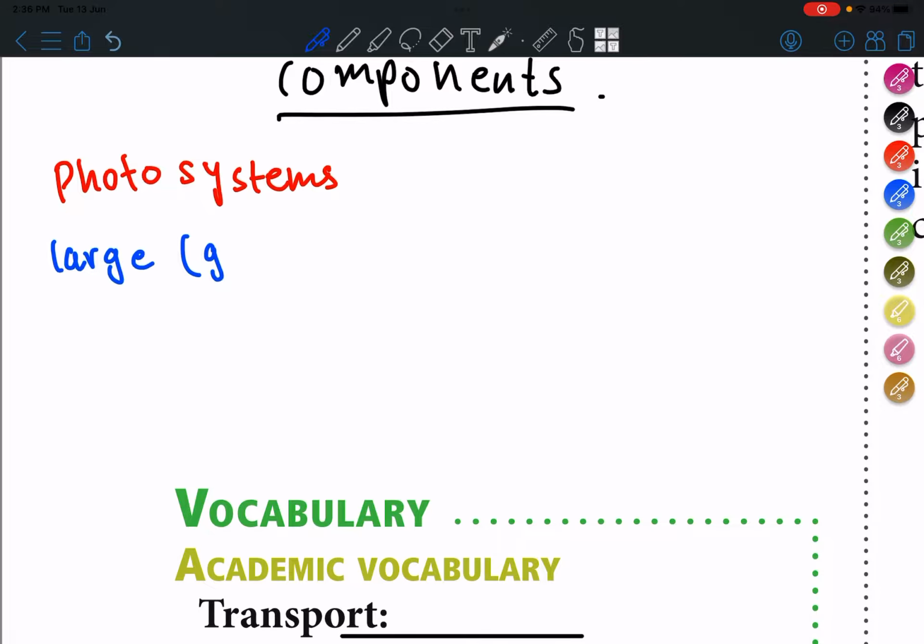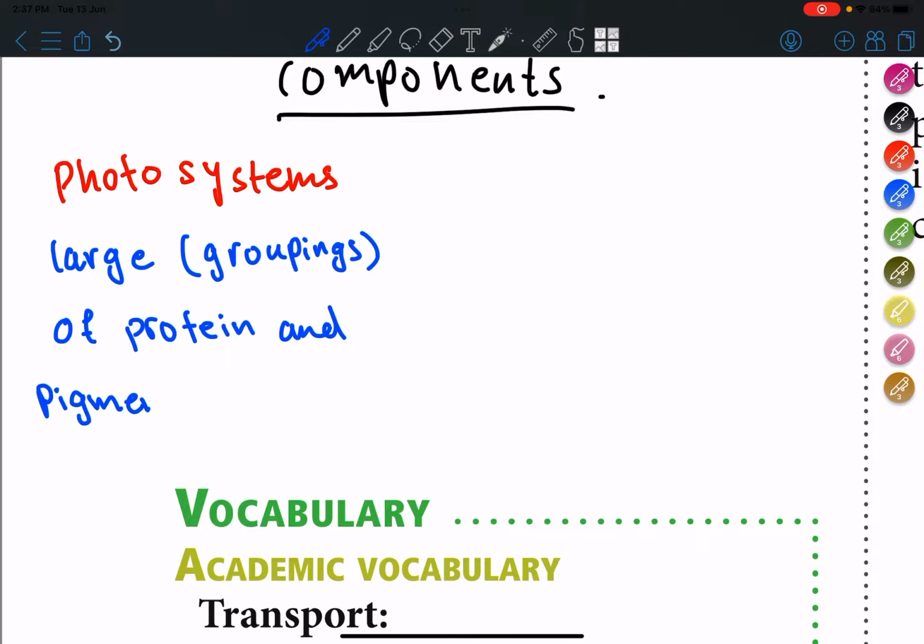So large groupings of protein and pigments. And when we say pigments, we know that we mean the light-absorbing molecules that exist within the thylakoid membrane. Now, these are functional units for photosynthesis.